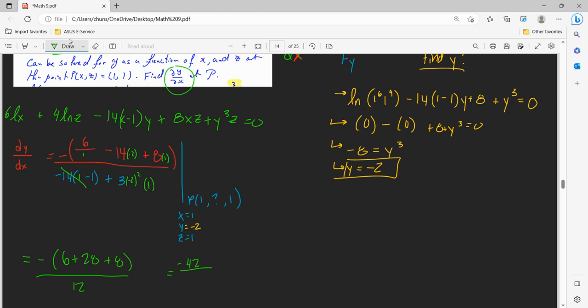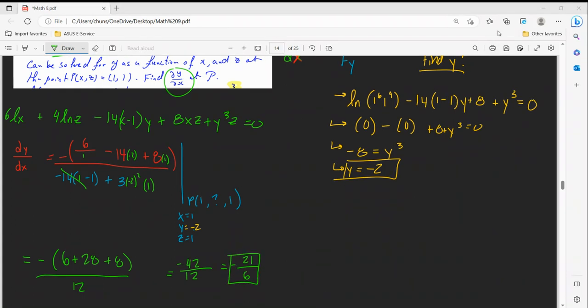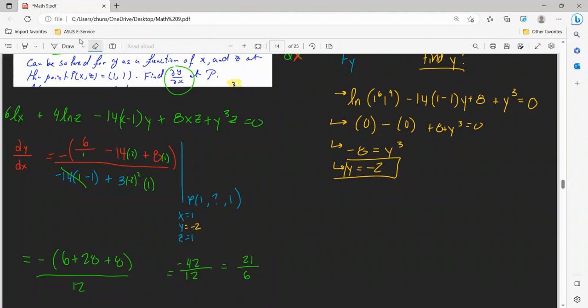It's going to be negative 42 over 12, which is equal to 21 over 6. Sorry, we can simplify that a little more. This is negative 7 over 2.